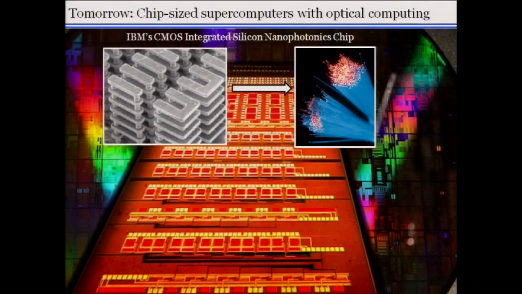So in replacing a lot of these metallic interconnects with optical interconnects, so instead of transporting electrons or electricity, basically you're transporting photons or optical information. IBM, excuse me, released the first CMOS integrated silicon nanophotonics chip, where a lot of the information on chip was routed using miniaturized fiber optics.